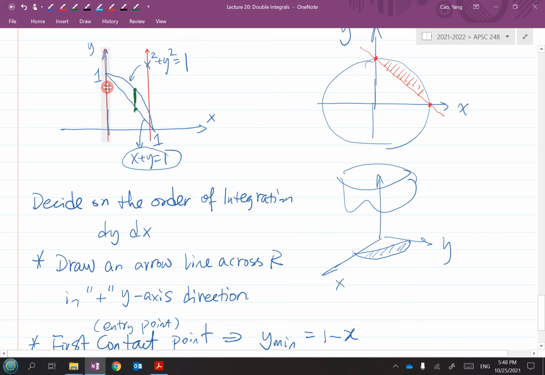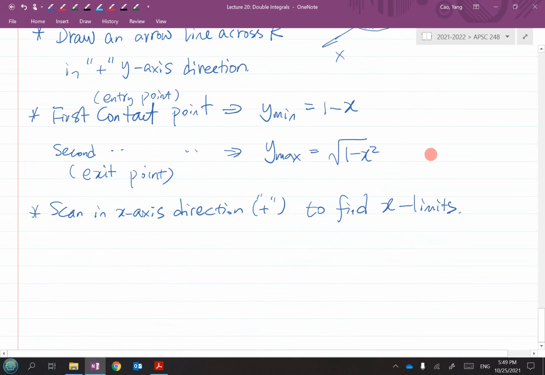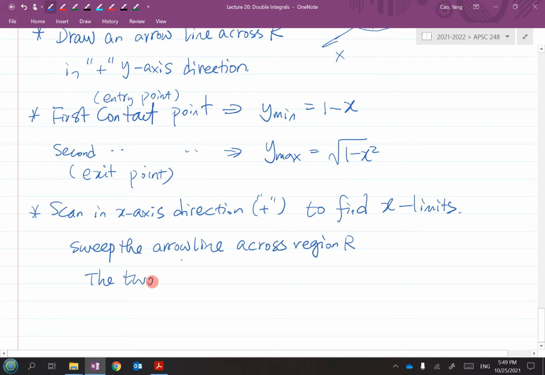In your head, you can think that a 3D printer is working. It's basically scanning through and printing to create that 3D object. So this step right here is to sweep the arrow line across region R. You will notice there are two edges.